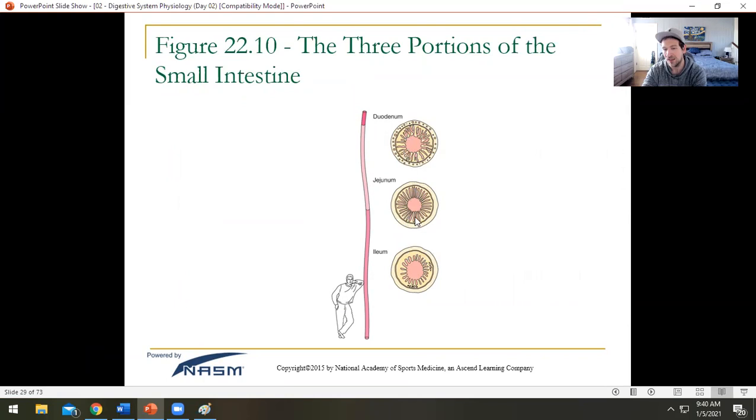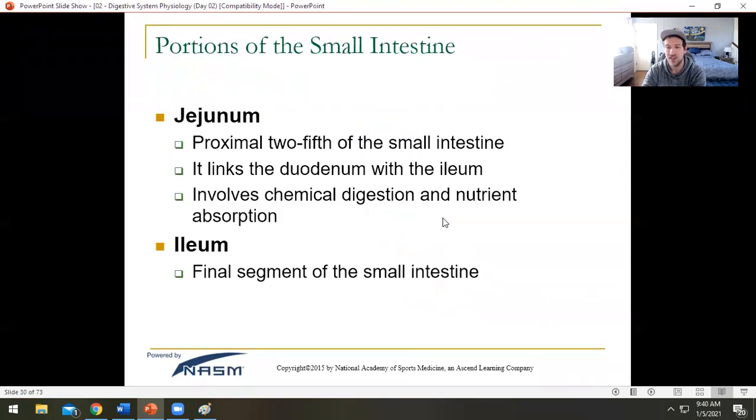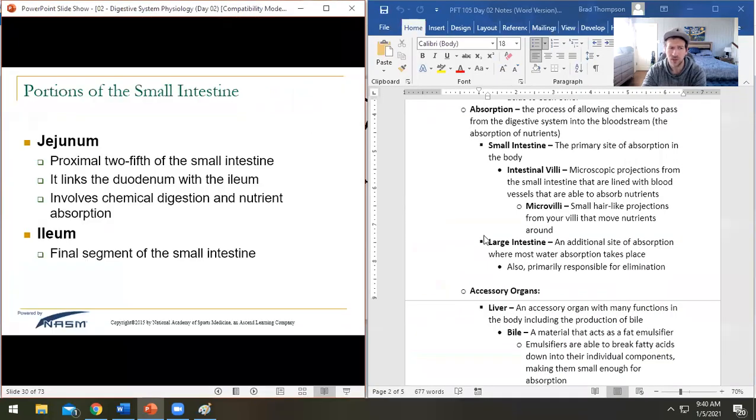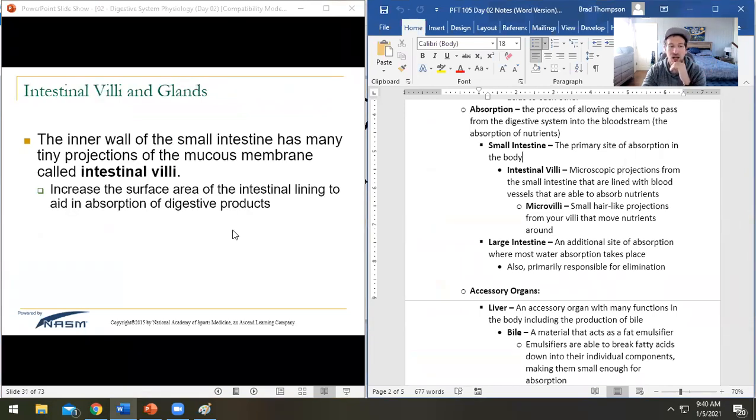Look at how many little folds there are here. That's going to make a little more sense in just a second. That's where a lot of absorption really occurs. Your jejunum, like I said, is the middle section, and your ileum is the final section. Don't worry about those names. You don't need to know those.